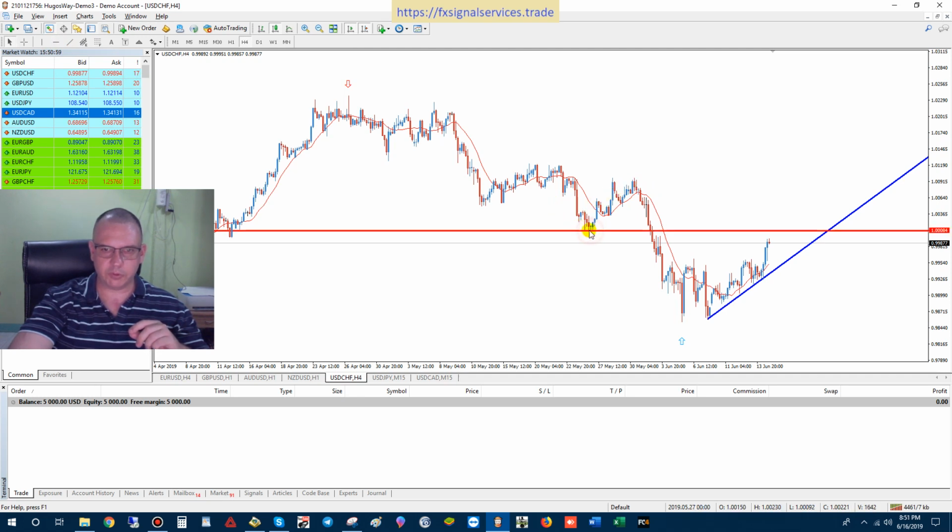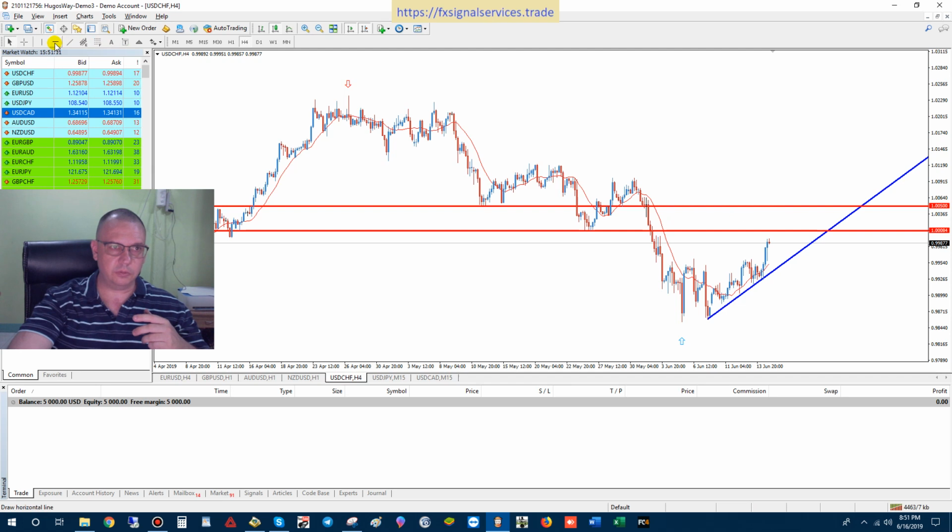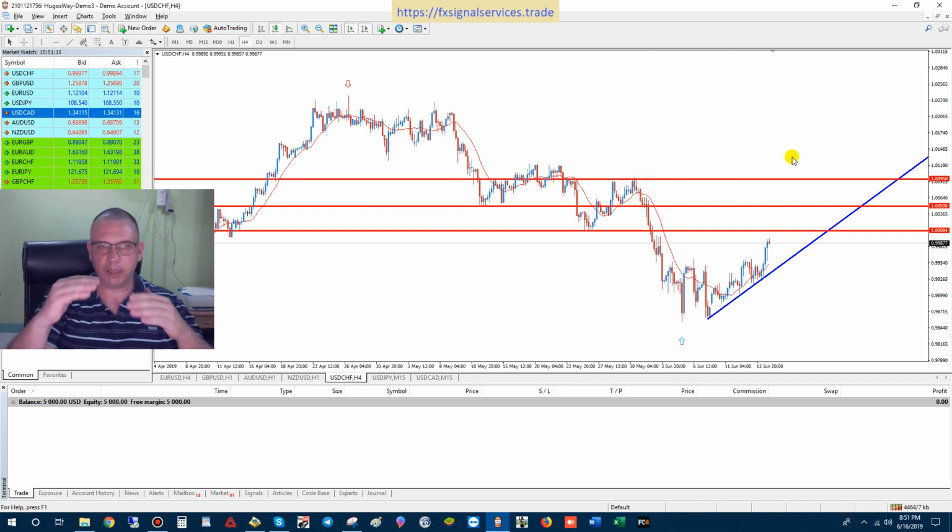We have a level of support, which might be a level of resistance now. And we also have this level of support, which could also be a level of resistance. And then we have this previous level of resistance right here. So we have multiple levels of support and resistance that this could travel to.